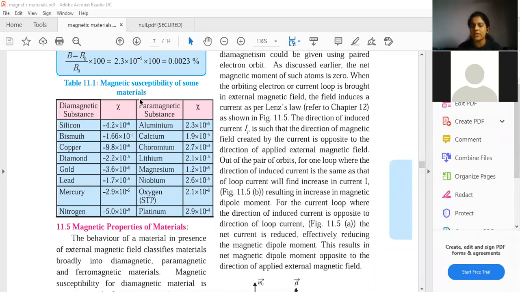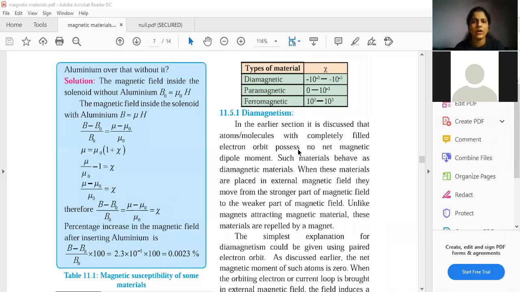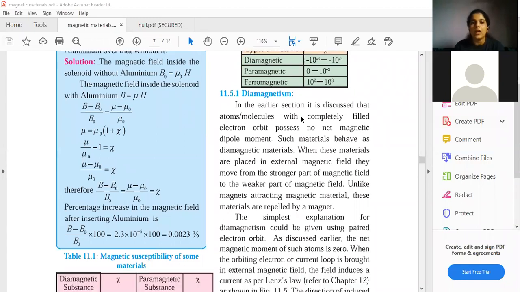I think over here all the materials that they have given are paramagnetic only, because you can see the values are small. In the case of ferromagnetic, the value is going to be positive and even higher. You can remember this table. They have given a range over here: diamagnetic, minus 10 raised to minus 3. You can mark this table as important and keep.